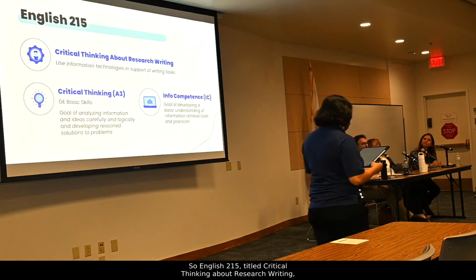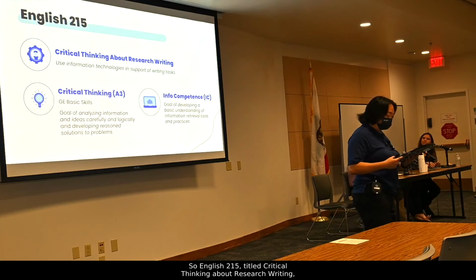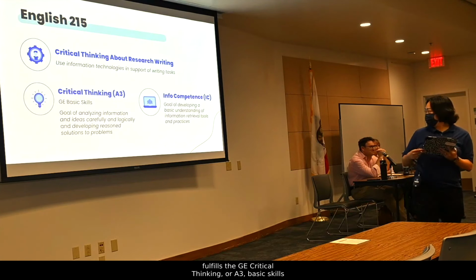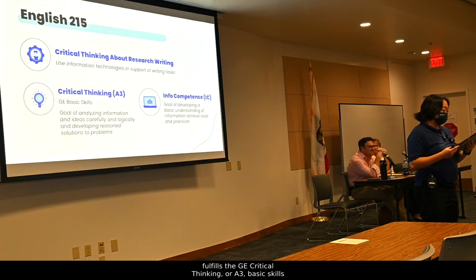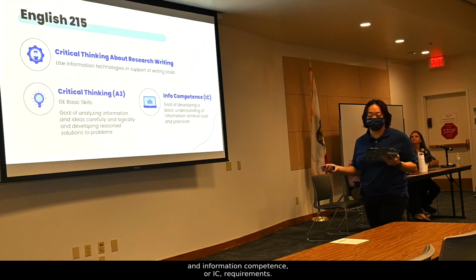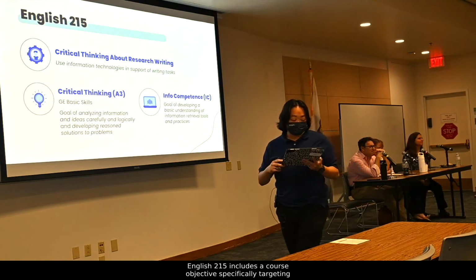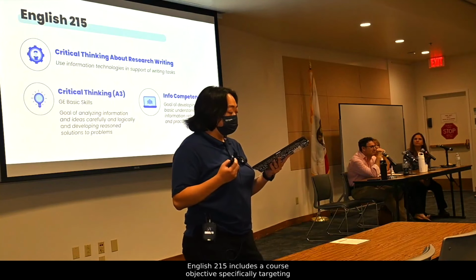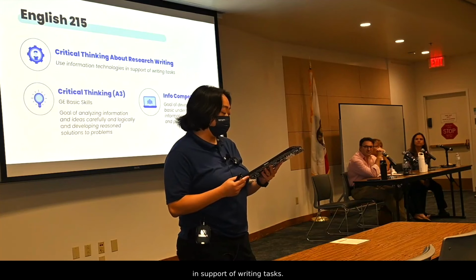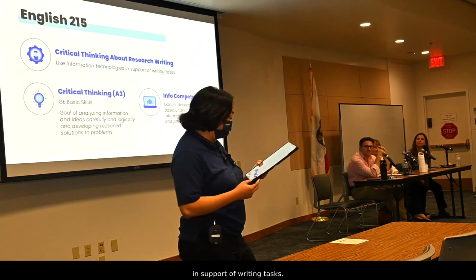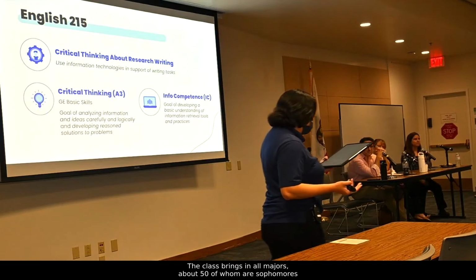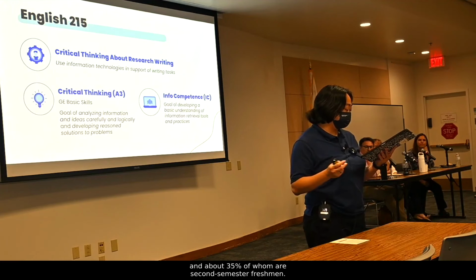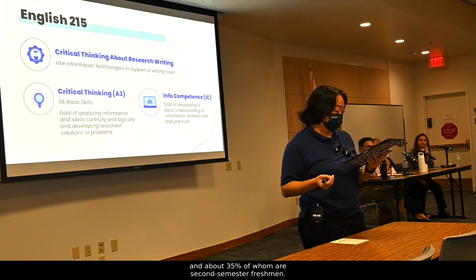So English 215, titled Critical Thinking About Research Writing, fulfills the GE Critical Thinking, or A3, basic skills and information competence, or IC, requirements. English 215 includes a course objective specifically targeting the use of information technologies in support of writing tasks. The class brings in all majors, about 50% of whom are sophomores and about 35% of whom are second semester freshmen.